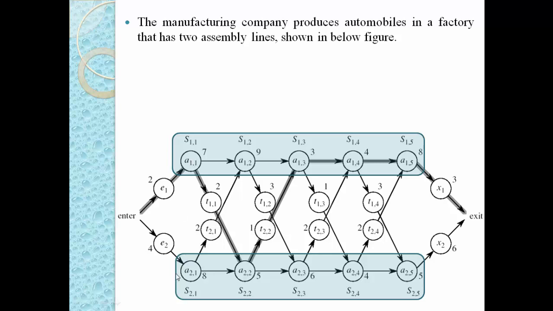Then station number 1 of line number 2 will also add the same parts, right? So you can choose either station number 1 of line number 1 or station number 1 of line number 2. In the same way, for example, station number 2 is basically used to add the engine to our car. Then station number 2 of line number 2 will also add the engine to our car.